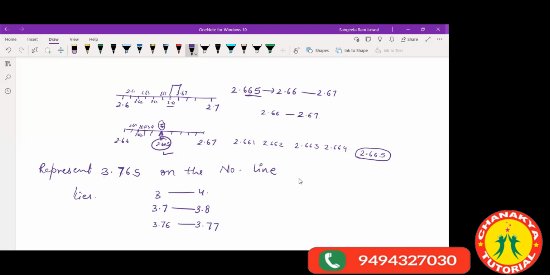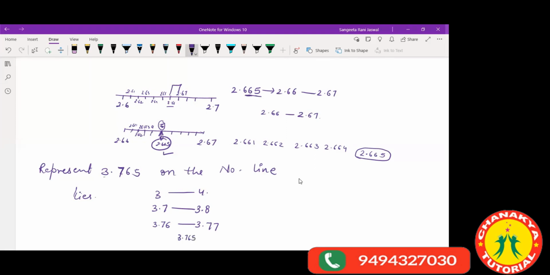Are you understanding? Now again we will make 10 small divisions in this. Then this becomes 3.761, 3.762, 3.763, 3.764, 3.765.